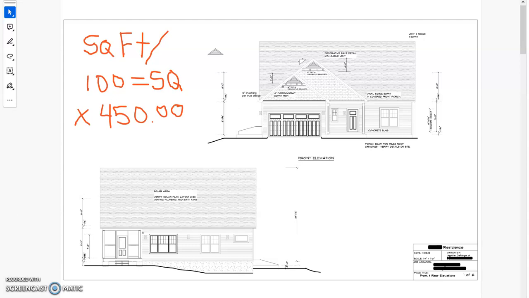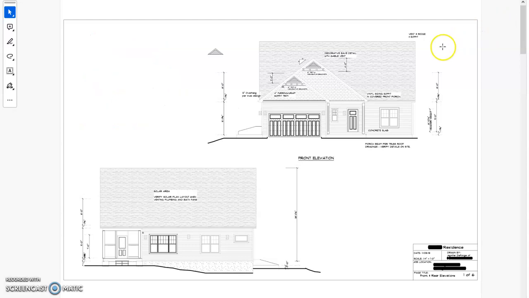Okay, so back to looking at the blueprint. When we look at our drawings in two-dimensional and we want to get our square foot count for the roofing, I'm not going to go through every single elevation at this point. It's too far into the semester, but I want you to be able to understand how to do it. So again, I take the width of the ridge.